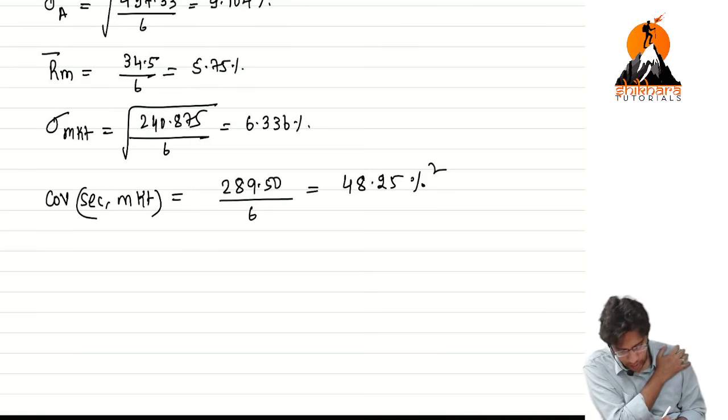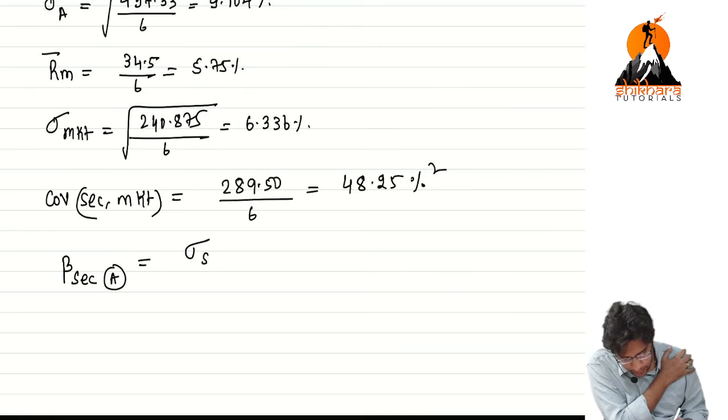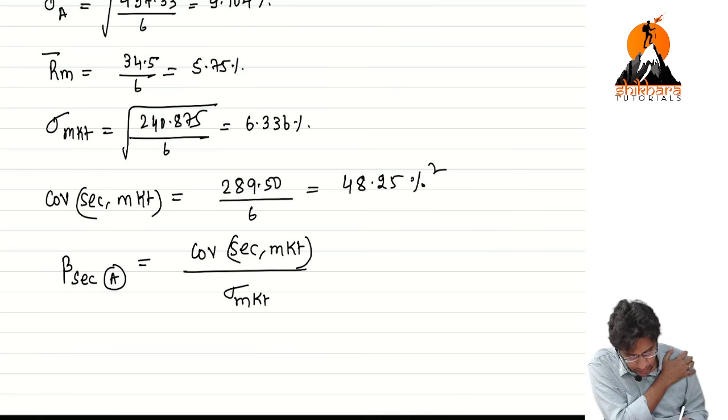Now beta of security A is equal to sigma security into correlation between, we will use the covariance formula, covariance between security and market divided by sigma market square.